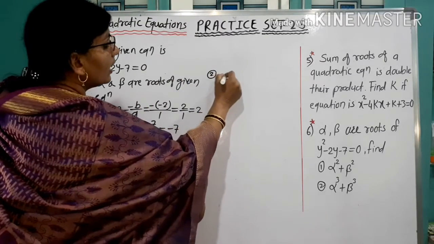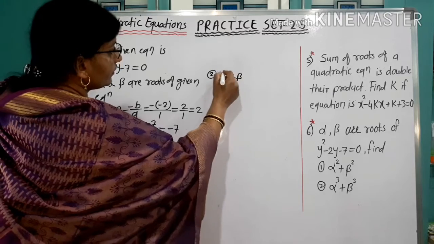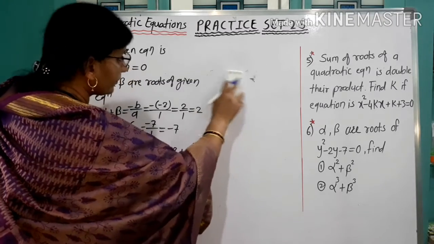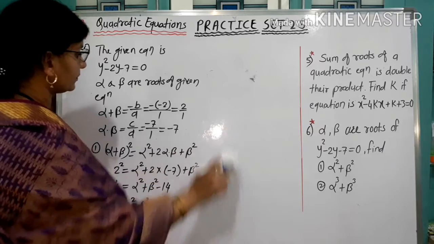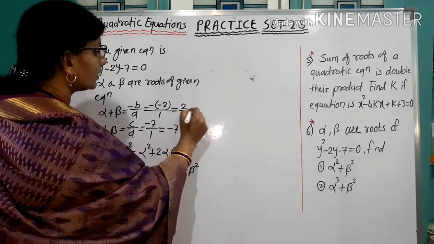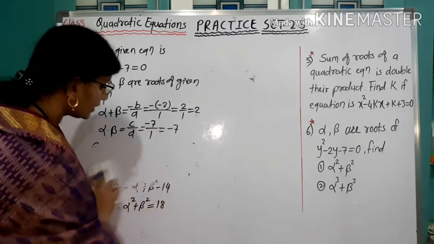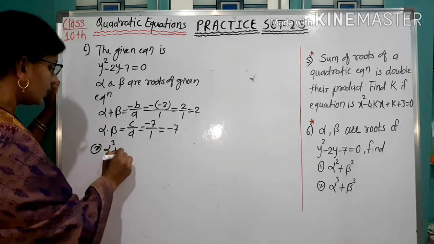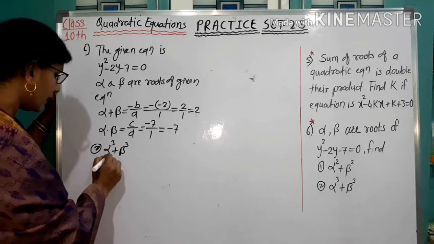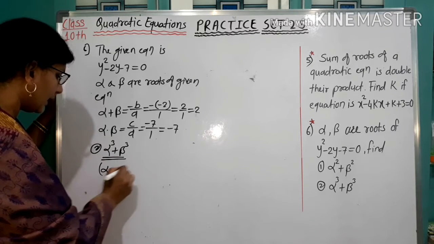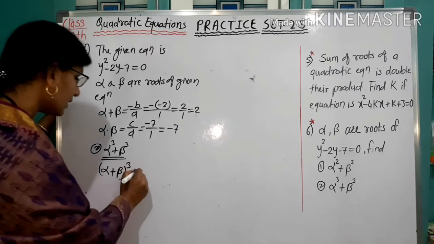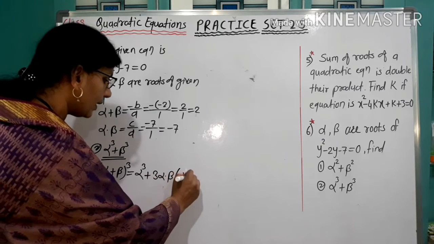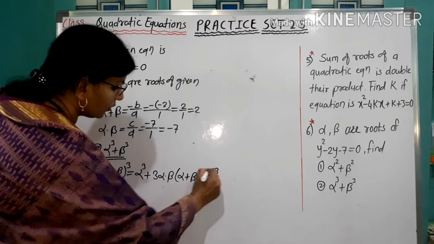We know the identity, I write here, (alpha plus beta) whole cube equal to, expansion of this is alpha cube plus 3 into alpha into beta into (alpha plus beta) plus beta cube.